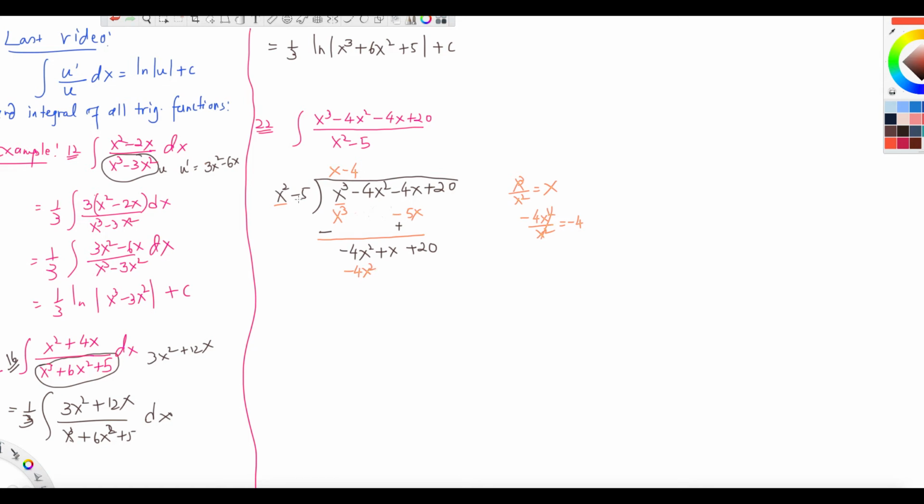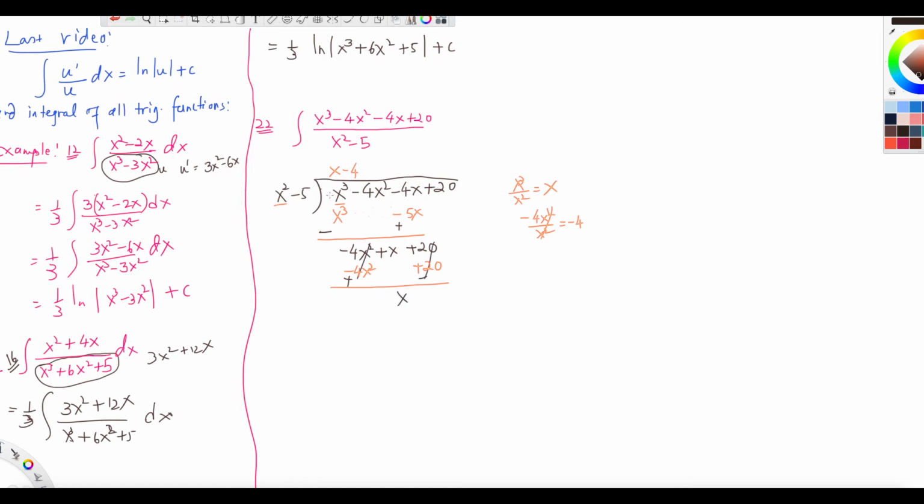Negative 4 times negative 5 is how much? That will be positive 20, right? I skipped a space here because there is no x. So I'm going to subtract again. When you subtract, you just change the sign, and that will cancel out, right? So what is the remainder? x. Now we are not dividing x by x squared, okay?